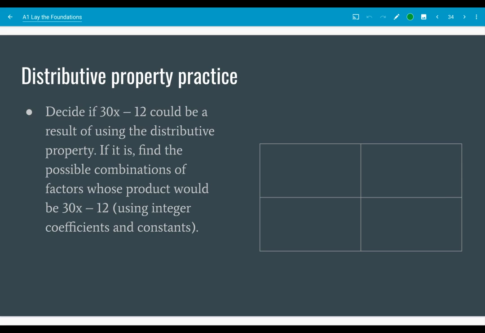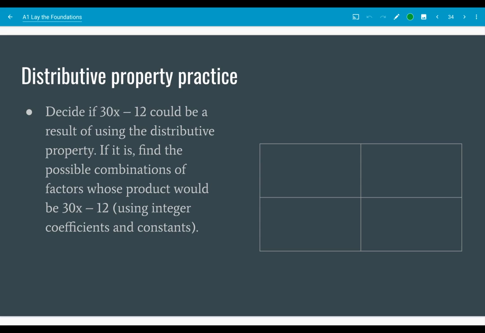Okay, here's some more practice. What we're deciding is if 30x minus 12 could be a result of using the distributive property. If it is, find the possible combinations of factors whose product would be 30x minus 12.